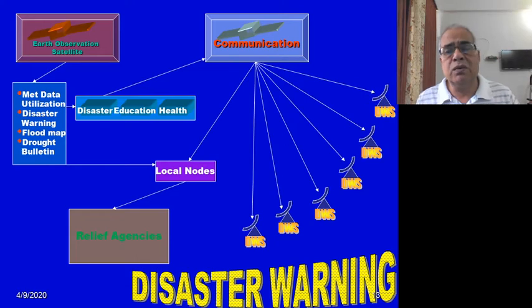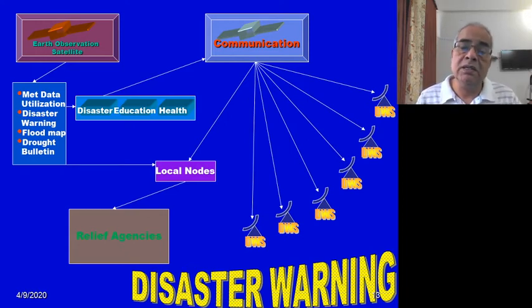When we are talking about disasters, the basic idea is that we have Earth observation satellites, from which we prepare a number of maps. When there is going to be any event in future, this information is fed to the communication satellite, and from the communication satellite to the different disaster warning stations or nodes.